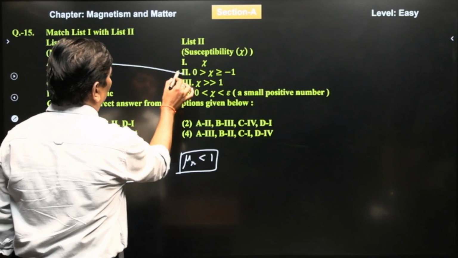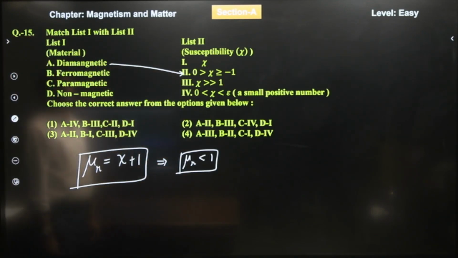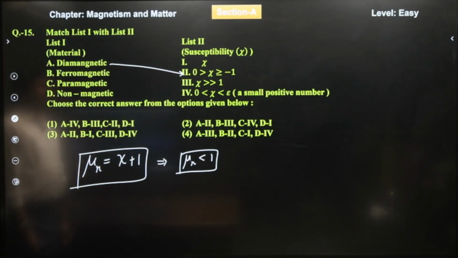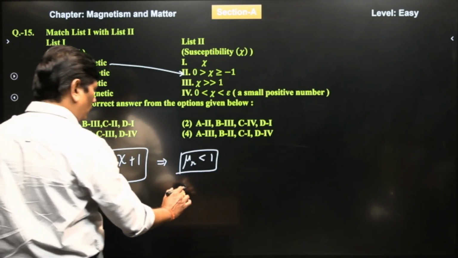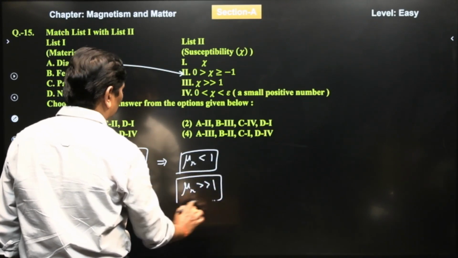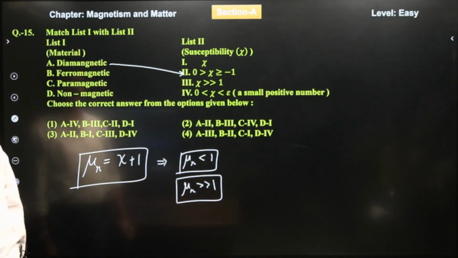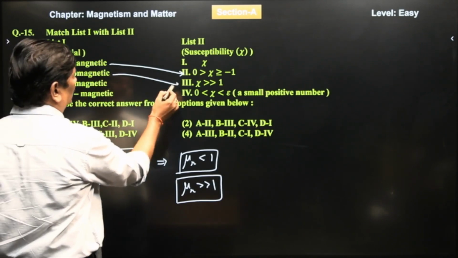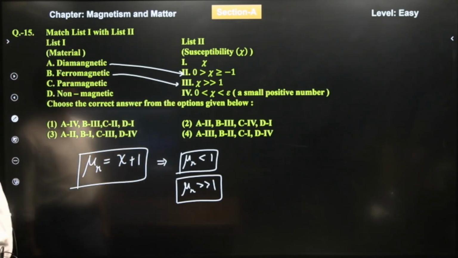So this is for this one, A. And 2, ferromagnetic: mu r value far greater than 1, so you will get the chi value far greater than 1.